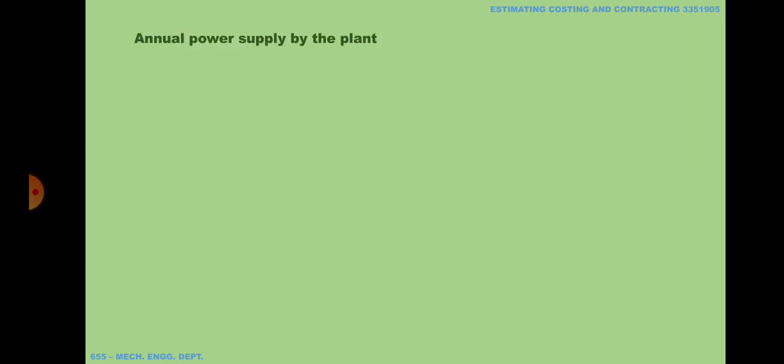Now annual power supply by the plant is equal to average load into annual hours. Average load is 32 into 10 raised to 3, and how many annual hours do we have? 8760, so the unit is kilowatt hour.